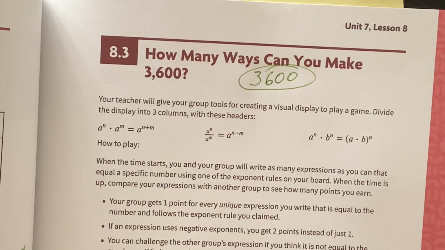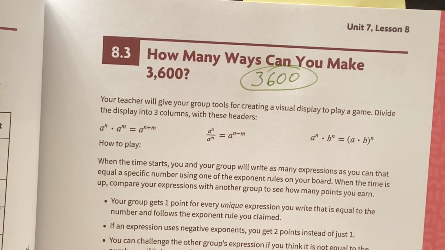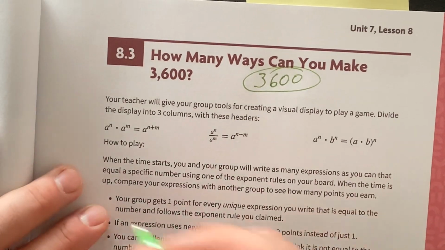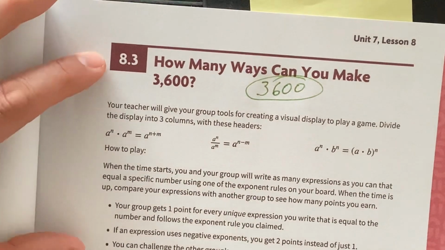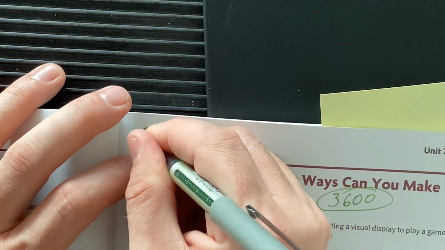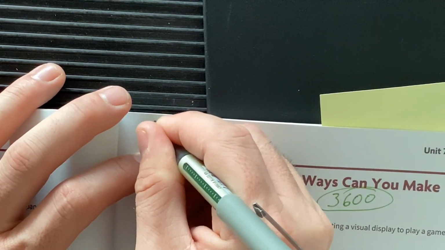Okay, so we're going to follow the first way first. First one listed there, we're going to follow that generic pattern. Multiply to get to 3,600. So for instance, let's write them up here. Let's do 2 squared.